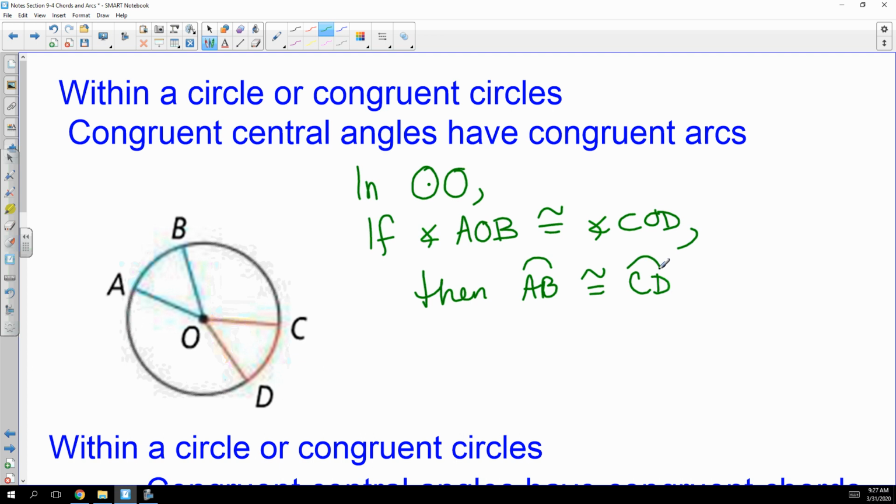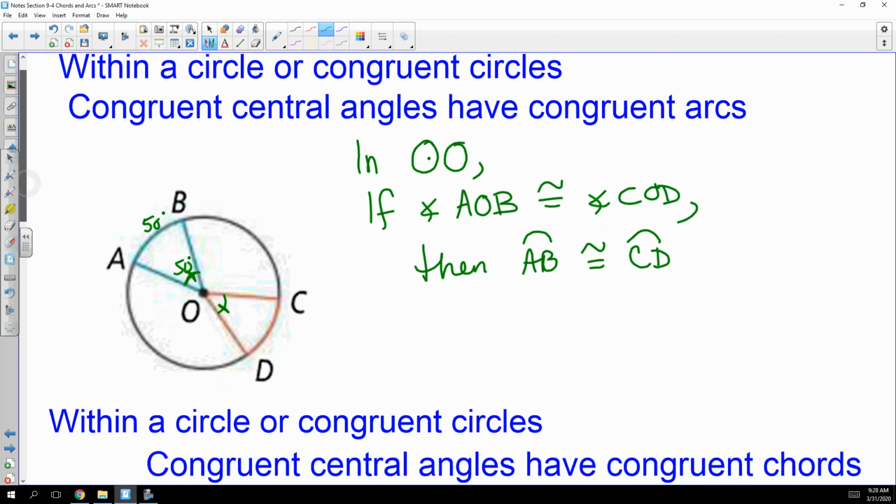Congruent central angles have congruent arcs. And try to remember from the previous section that the measure of an arc is equal to the measure of the central angle that cuts that arc. So if angle AOB is 50 degrees, then arc AB also measures 50 degrees. And then angle COD would measure 50 degrees and arc CD would measure 50.